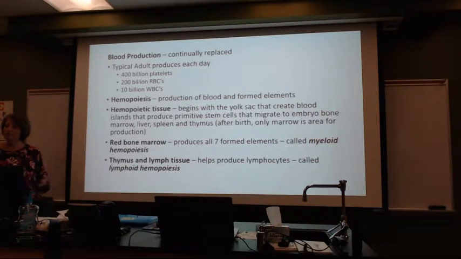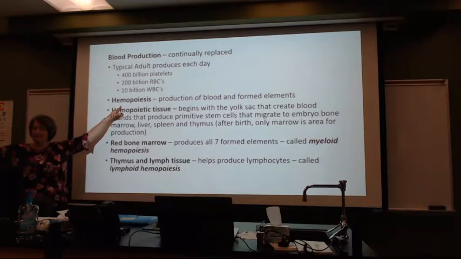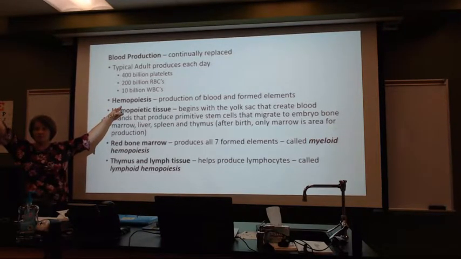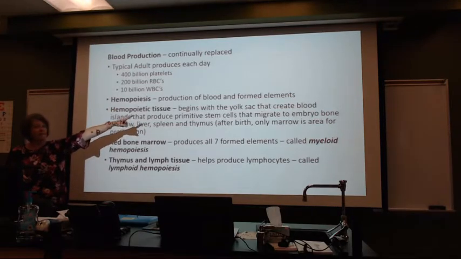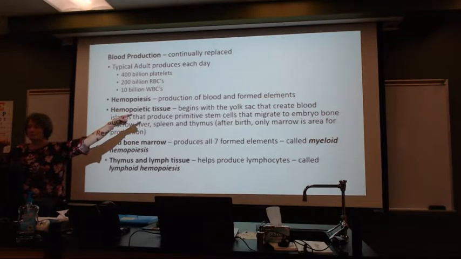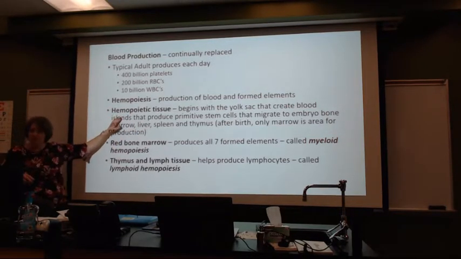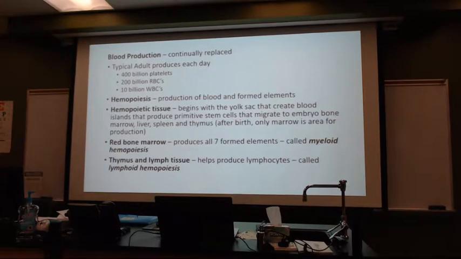Now, heme, the poiesis, what we're looking at here, we're going to get the production of the red blood cells, but we're also going to get the production of those leukocytes, the white blood cells, and other formed elements, our platelets.